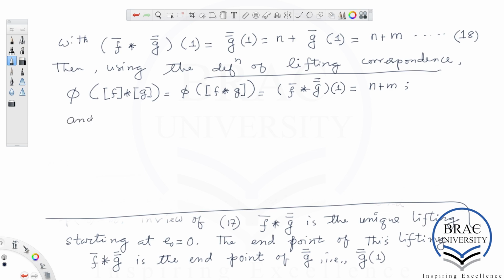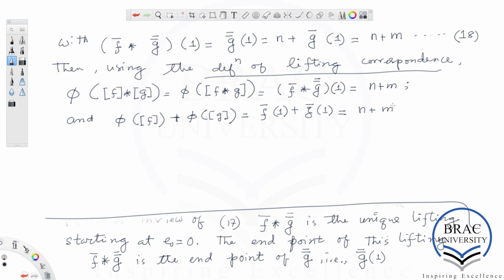And phi of the class of f plus phi of the class of g is equal to F bar of 1 plus G bar of 1, which according to our assumption is n plus m.